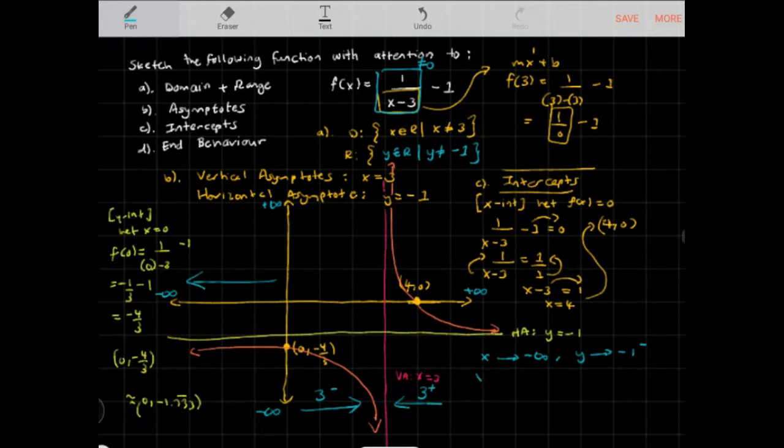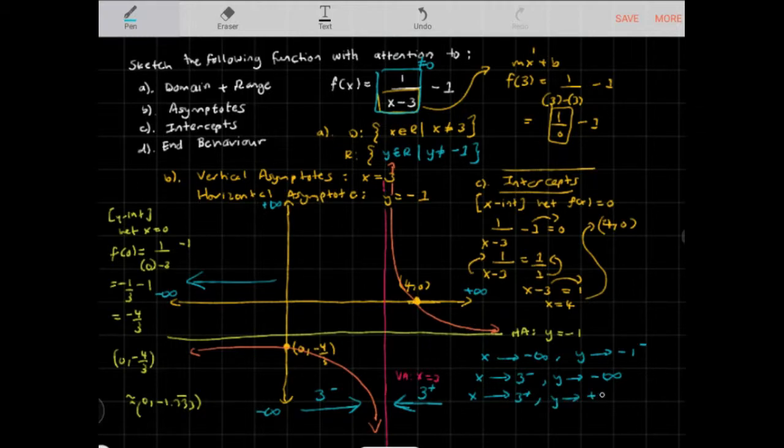As x approaches 3 from the left side, if it's a value like 2.99, it gets closer and closer to 3 in small increments. We can notice that the graph here in orange will approach negative infinity. Now as x approaches 3 from the right side, going this way to 3, you can see that the trace gets closer and closer to 3, but it goes all the way to positive infinity.